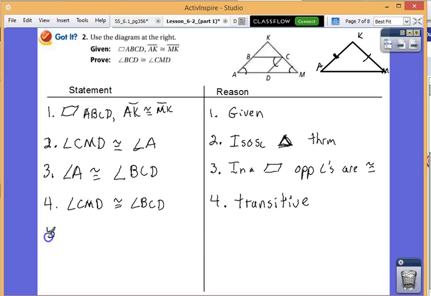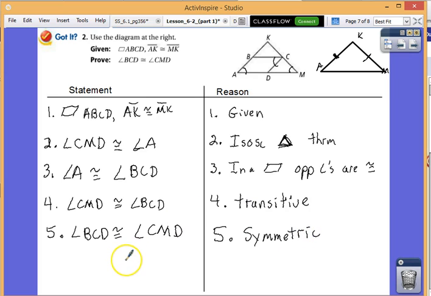I think. And now I would go ahead and say angle BCD is congruent to angle CMD so that I match the proved statement exactly. And what lets me flop those around? That's symmetric. Which is cool because we haven't used a symmetric property yet in a proof.